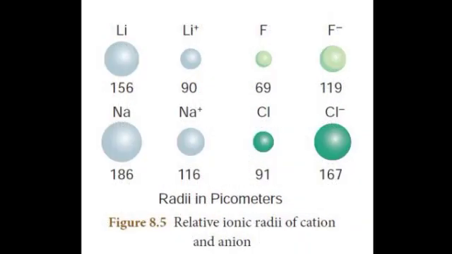See the diagram, the atomic radius. It is mentioned in the unit of picometers. See the ions, lithium and sodium. This is 90 and 116 picometers. Fluorine 119, chlorine 167.